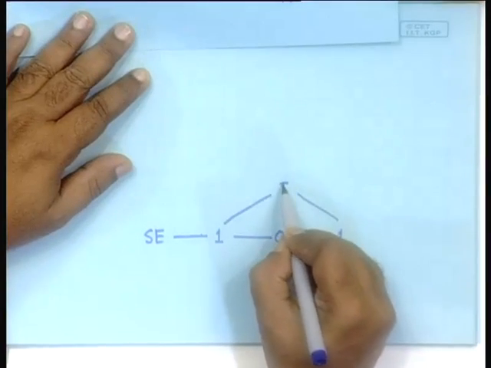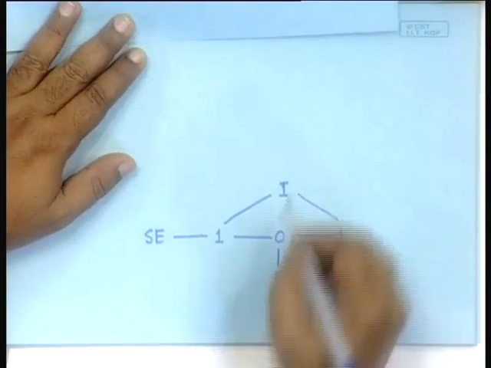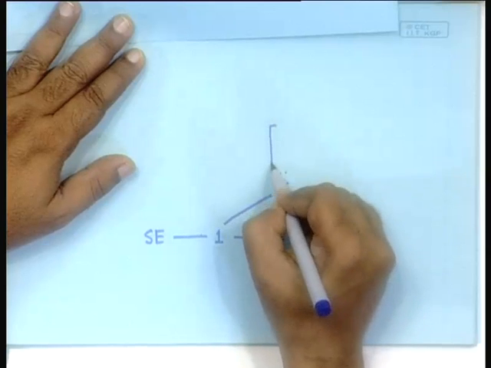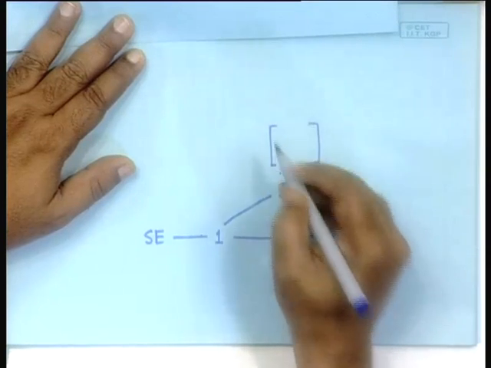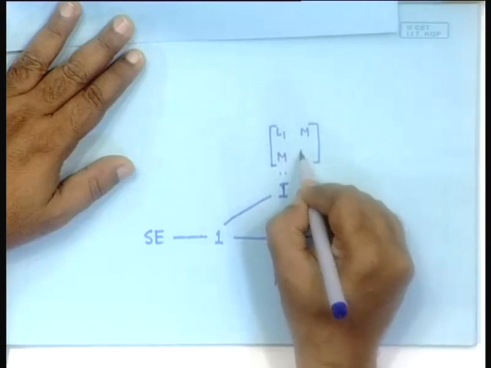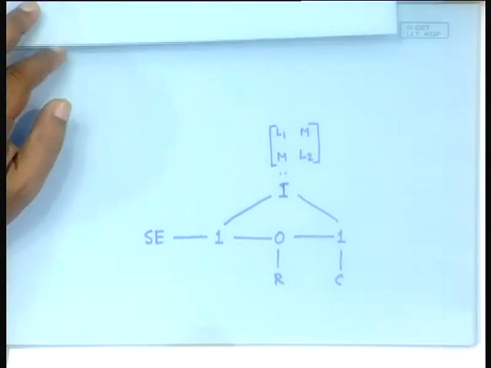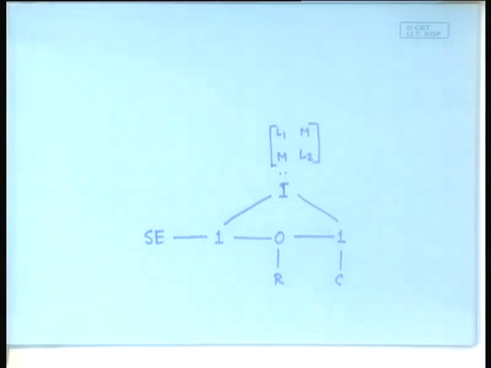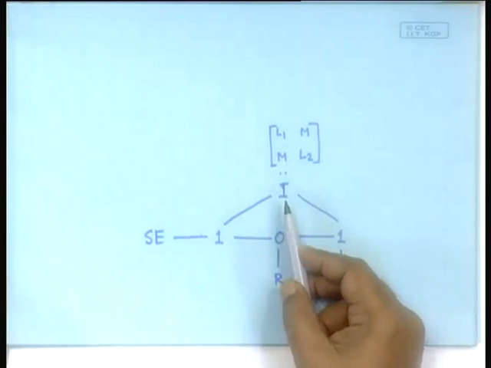So, it will also be an I element, but its character will be represented by the matrix L1, M, M, L2. That completes the story. These are two port I elements.